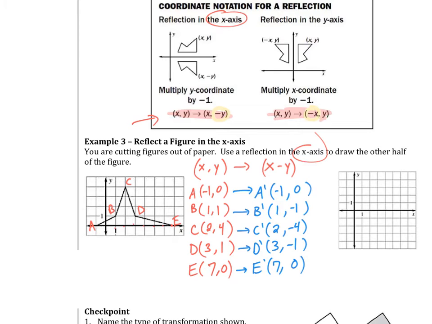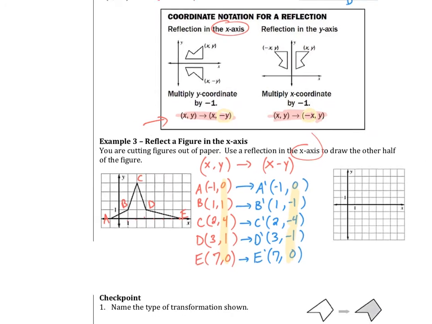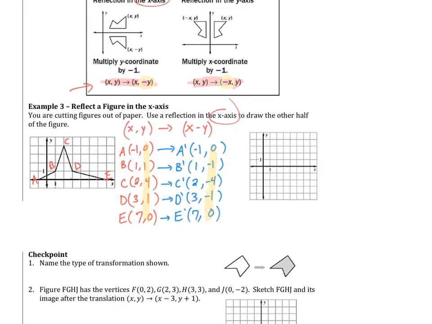So notice the ones that changed were the y's. The y's became negatives, or the opposite. So if I graph this, the new coordinates will be at negative 1, 0, 1, negative 1, 2, negative 4, 3, negative 1, and 7, 0.